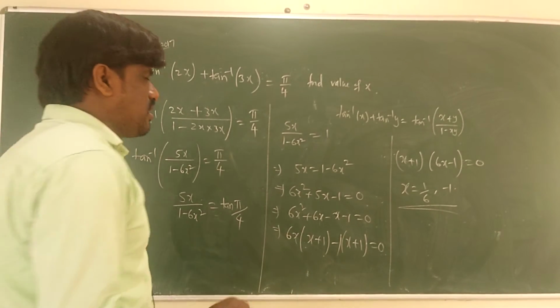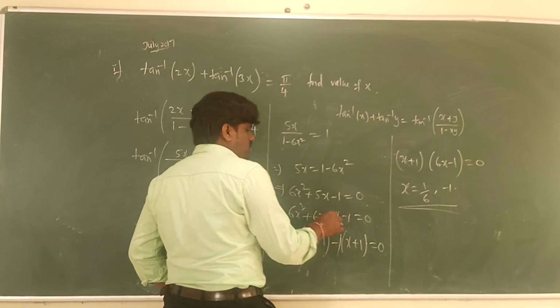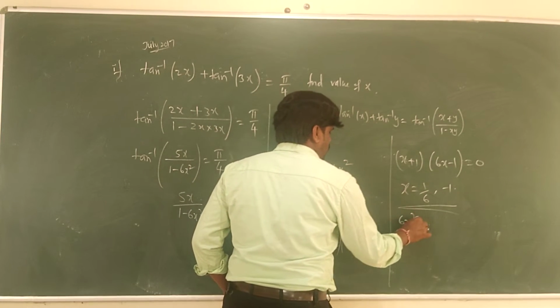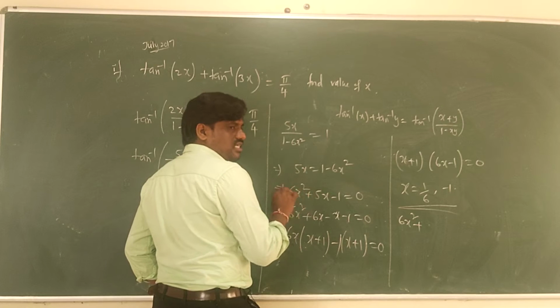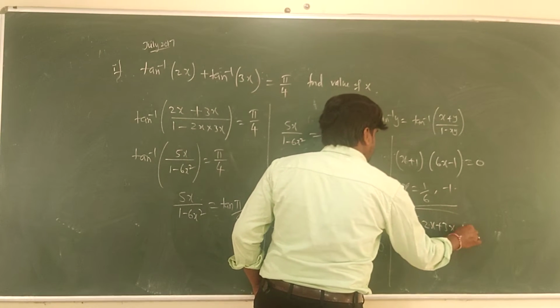Some of them are asking here: can you use the 2 into 3? If I use the 2 into 3, what do I get? 6x square plus 2x plus 3x minus 1 equal to 0.